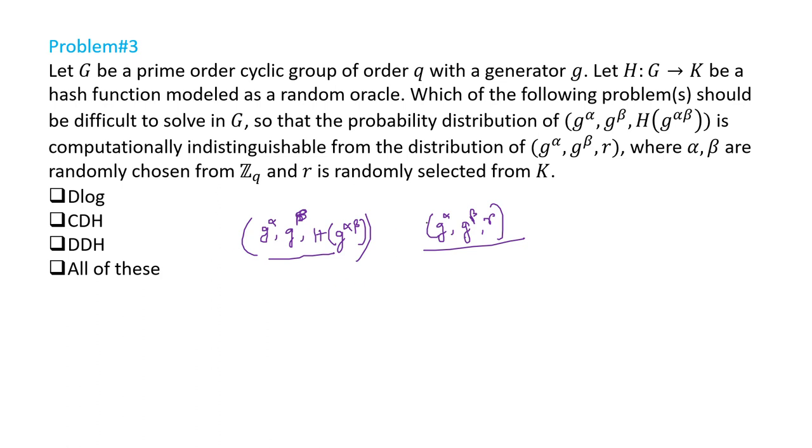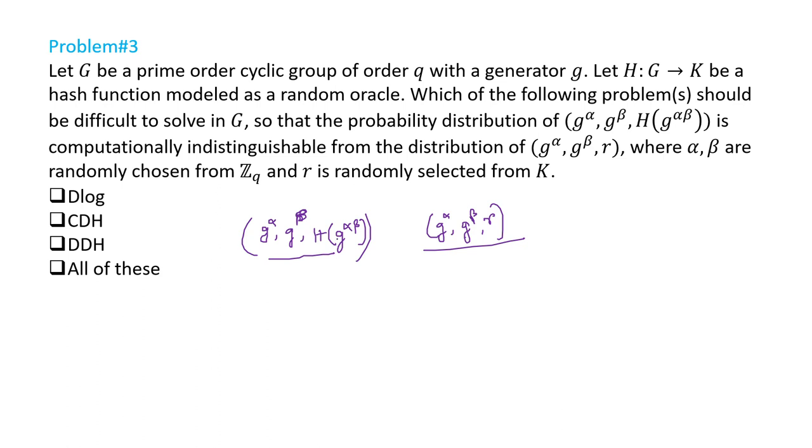Yes. Because g to the power alpha and g to the power beta are visible in both the cases, so it can compute alpha and beta from that if discrete log is not hard. And then it can compute g to the power alpha beta on its own and apply the hash function also.